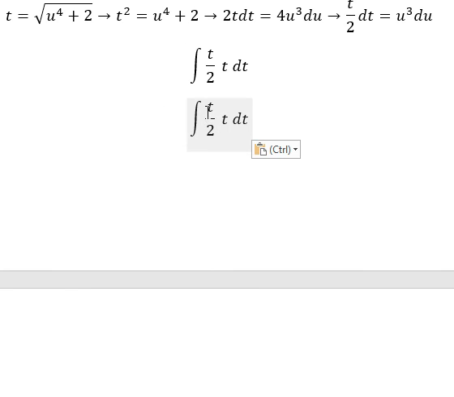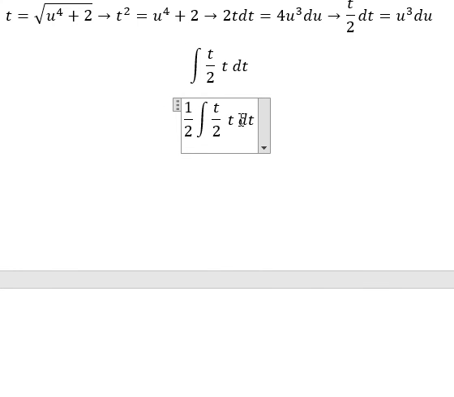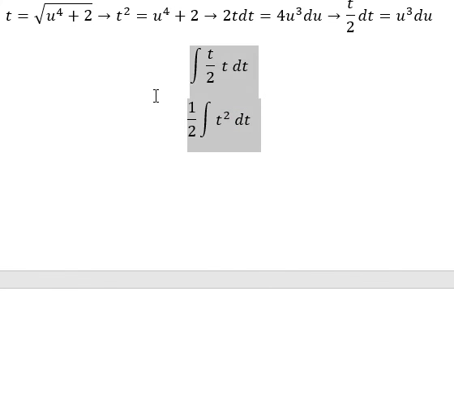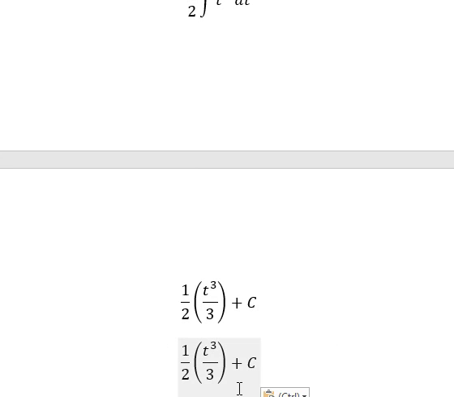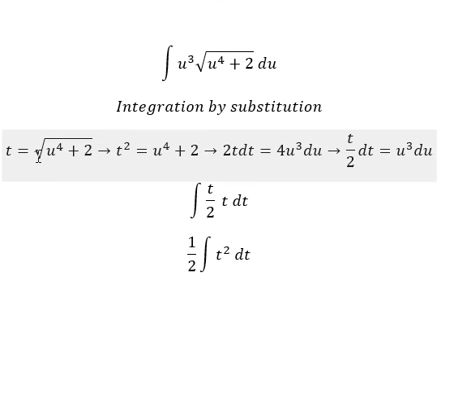So I will put 1 over 2 outside. t multiplied by t, we have t square. The integration of t square, we have t to the power of 3 over 3. And we put c. Number 2 with number 3, we have 1/6. About t in here, that is this one.